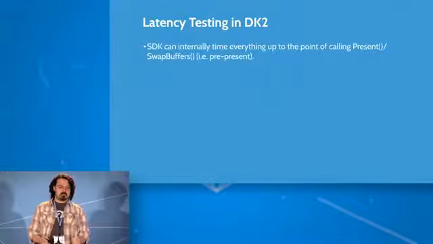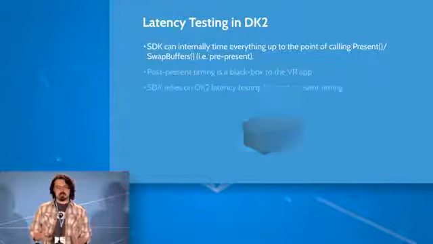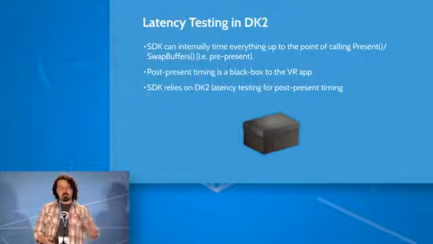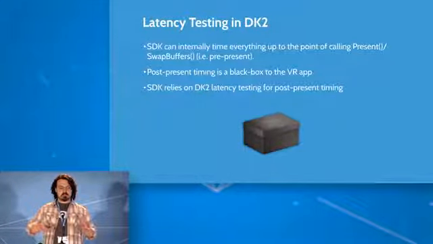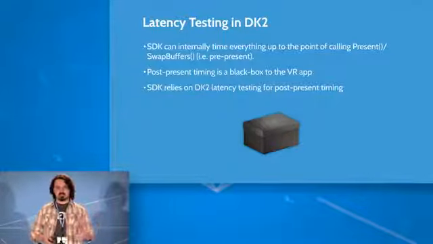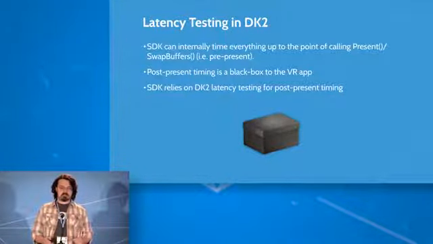The interesting part is that the SDK internally can utilize very accurate CPU and GPU timing to know exactly how many milliseconds have passed up to the point where your application calls present. Unfortunately, from that point on, it becomes a bit of a black box to the VR application, because the app has no idea how many milliseconds it's going to take for that information to finally hit the screen. That's the part where the SDK relies on the DK2 latency testing feature.